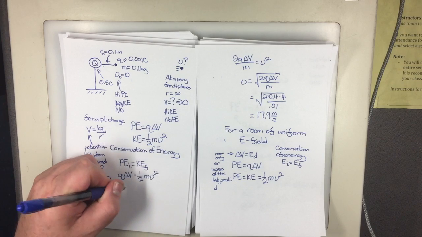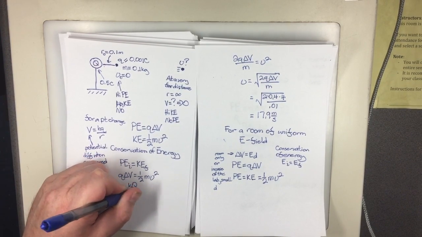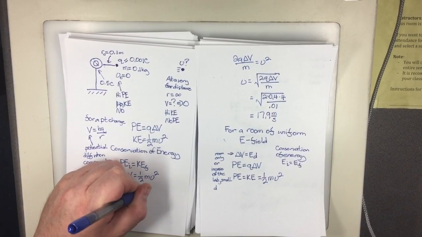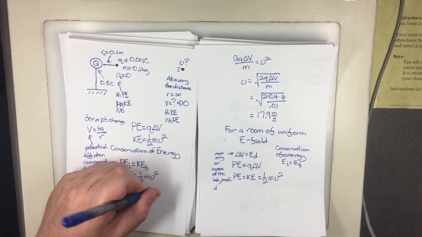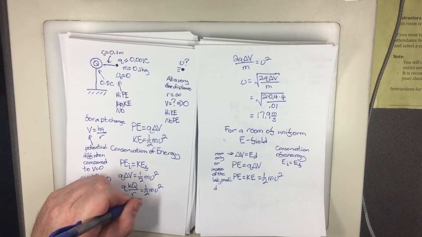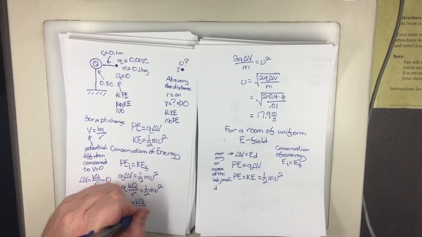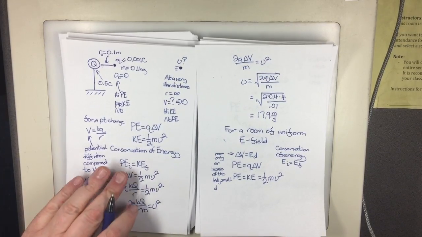So this becomes little q k big Q over R is equal to 1/2 mv squared. So 2qkQ over R, m is equal to v squared.